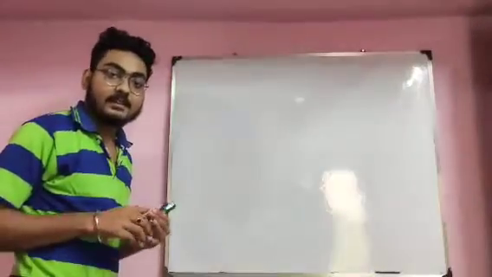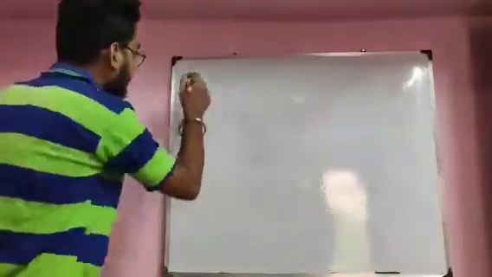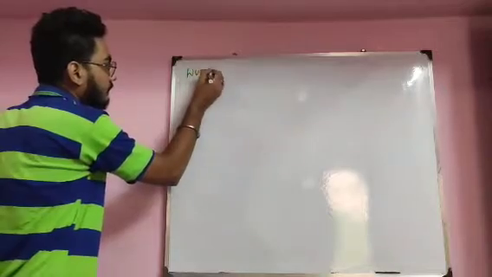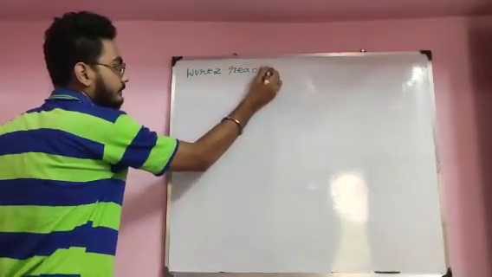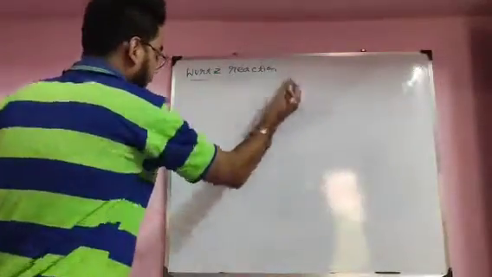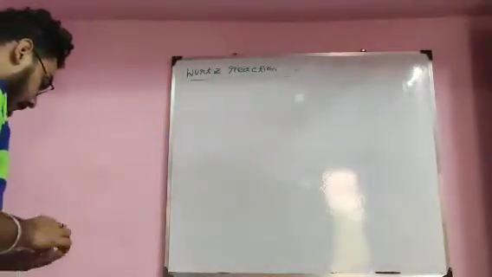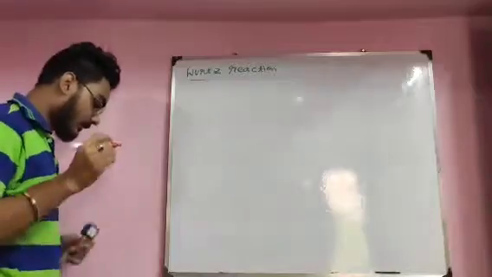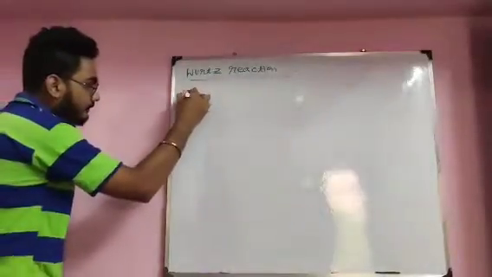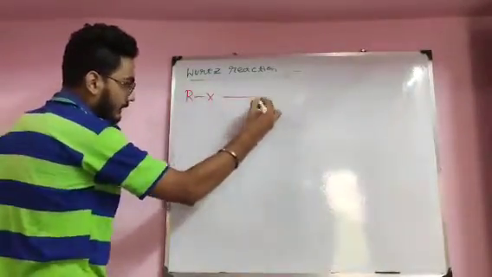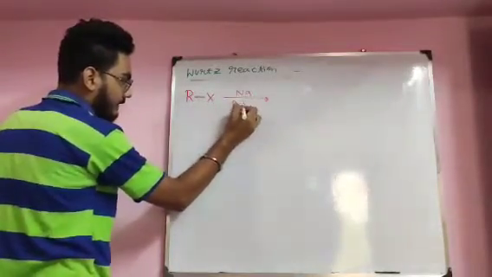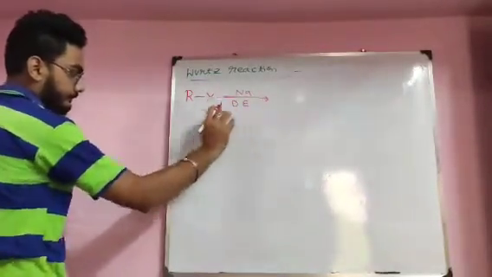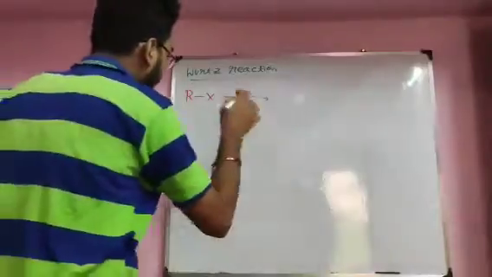Next reaction is the Wurtz reaction. The reagent used in the Wurtz reaction is sodium and dry ether.